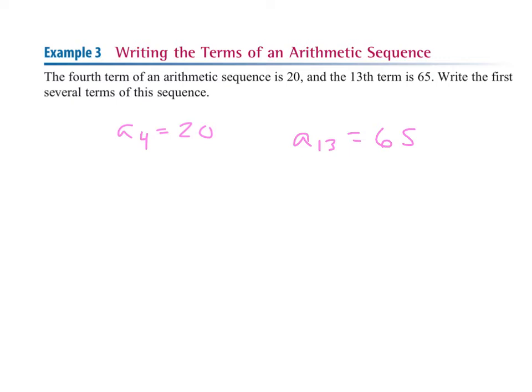We need to first find how many terms it takes us to get from the fourth term to the 13th. How many spaces do we have from 4 to 13? Nine. There's 9 spaces.